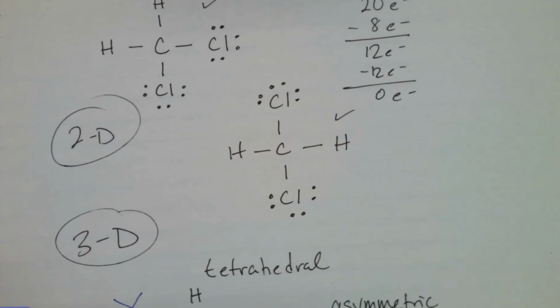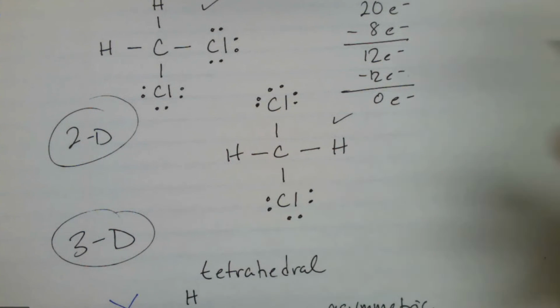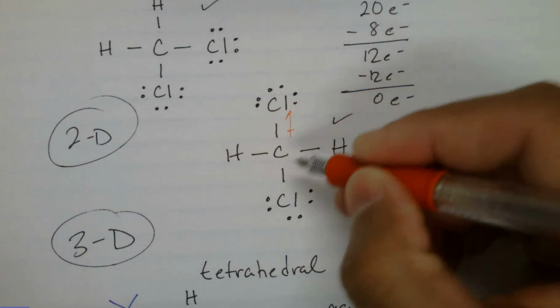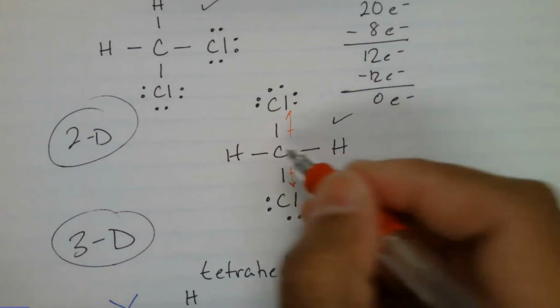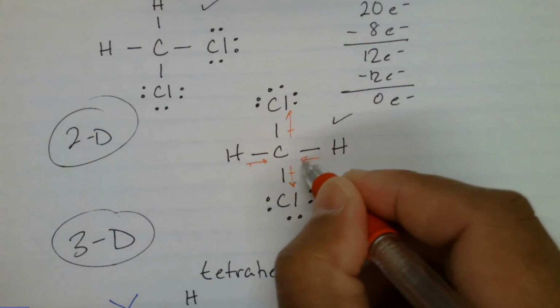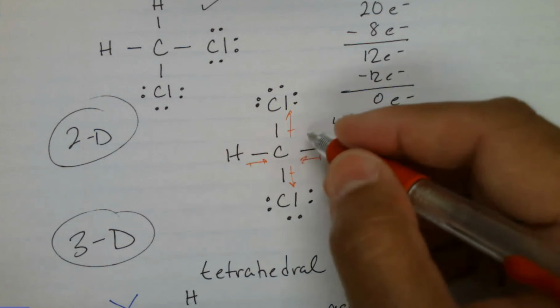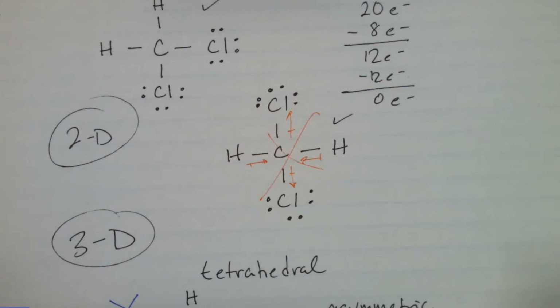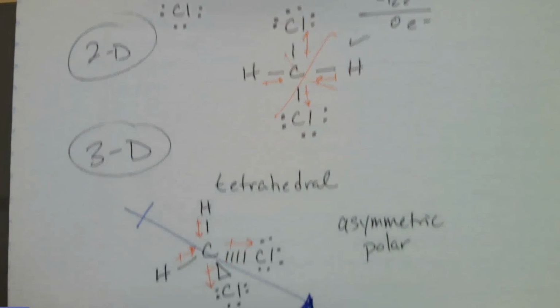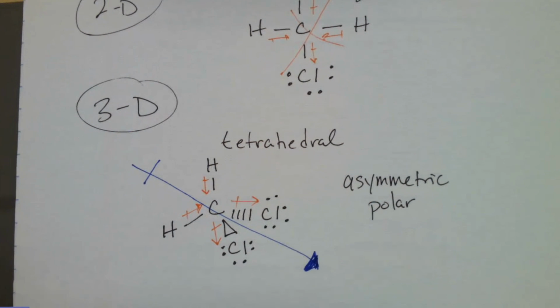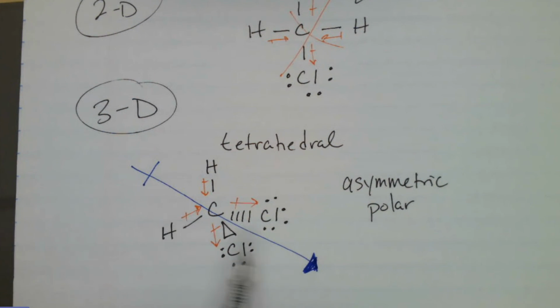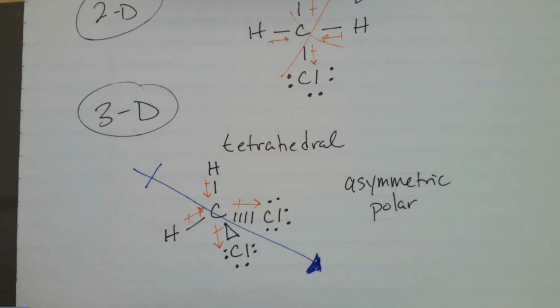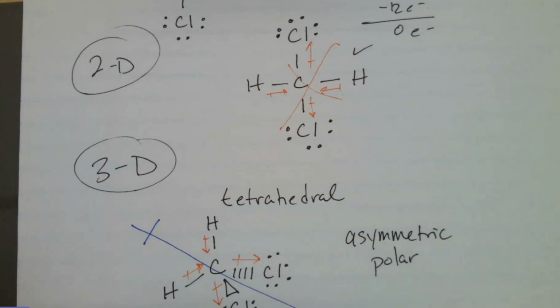So if you drew the molecule like this, then you would say, well, these dipoles are going away from each other, these dipoles are going towards each other, and so they cancel. But of course, that's not right. In 3 dimensions, they don't cancel. And so you get this net dipole moment for the molecule. And so that's the problem when you try to determine polarity with the 2-dimensional structure.